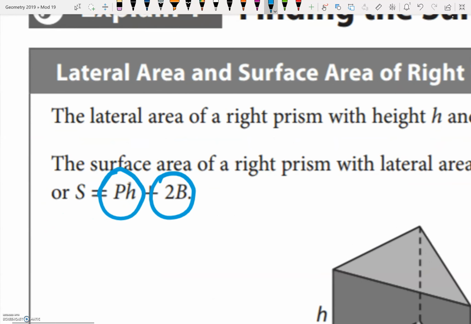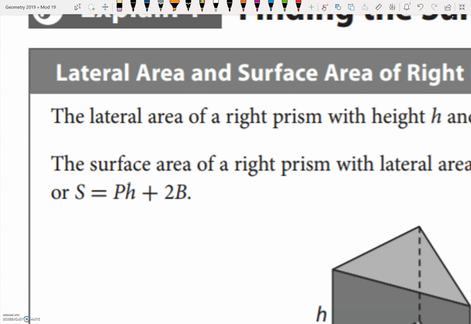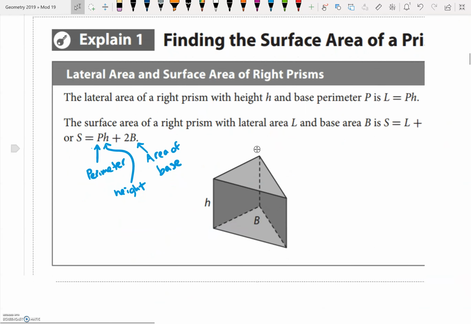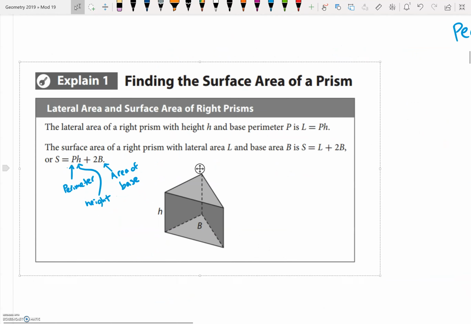So if you want to write that down, this is the perimeter times the height, and this is 2 multiplied by the area of the base. And that is the surface area for any prism.